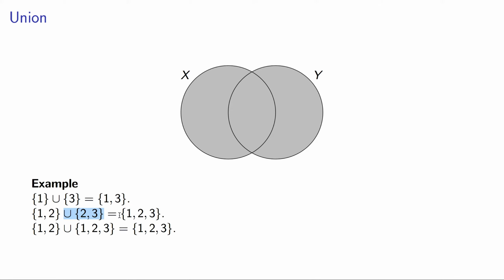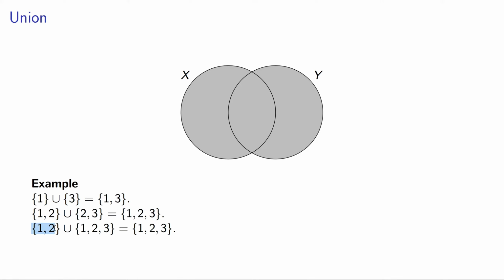The result is the set containing 1, 2, 3. We just collect all the elements which appear in either set or in both. 2 occurs in both, and it is included in the result. Of course, we are including it once because there is no need for duplicating an element when we write a set.